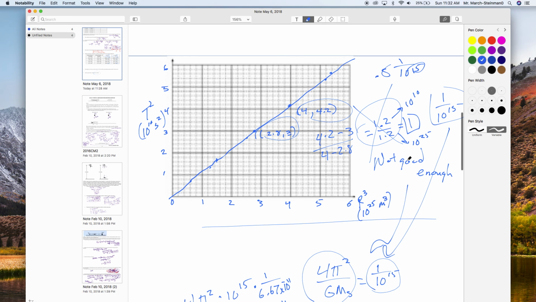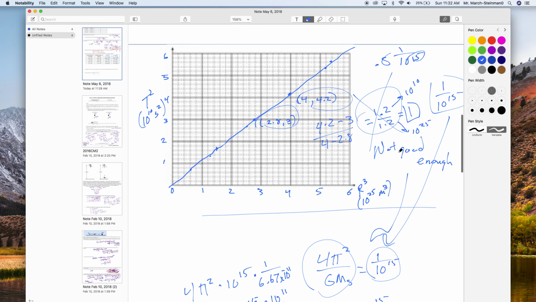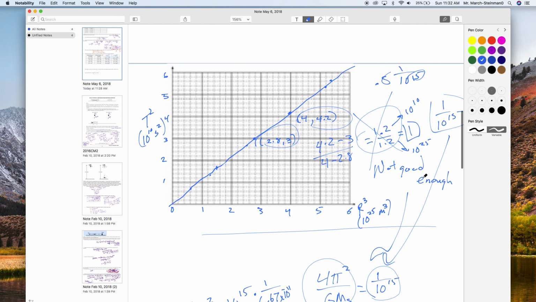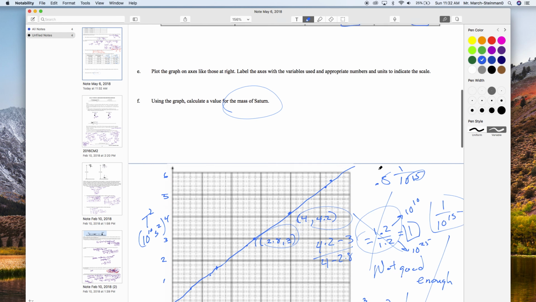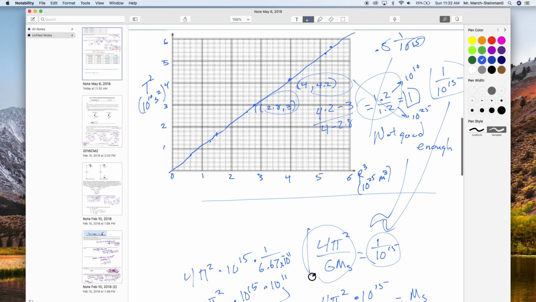You're never going to just use the slope. Just finding the slope is not good enough. You have to figure out how that fits into your original equation. And here the original equation says that this expression here is the slope. And so I set that equal to my slope down here.